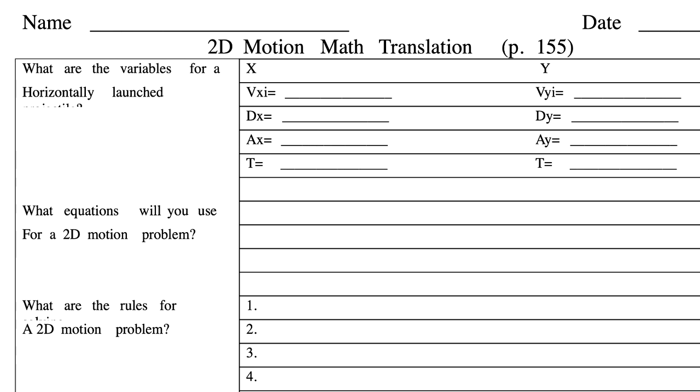We will begin working out our 2D motion problems by separating out our list of given information. We will begin by having one list of X variables and a separate list of Y variables.